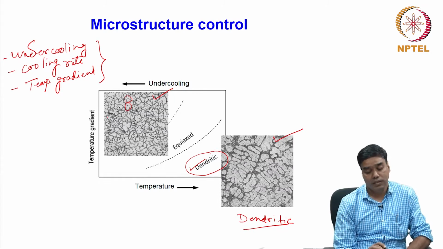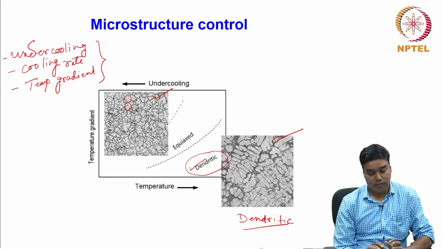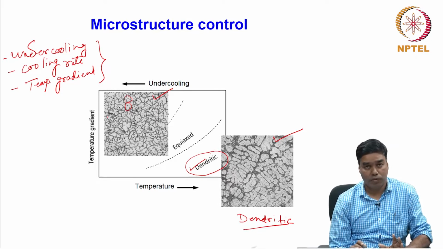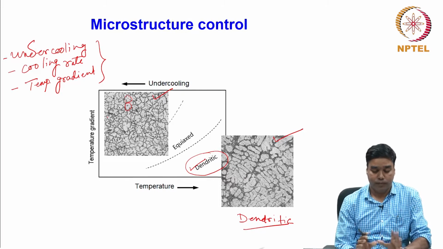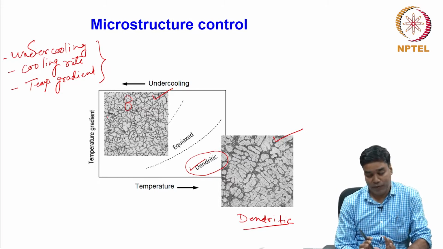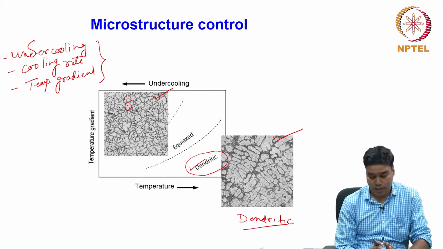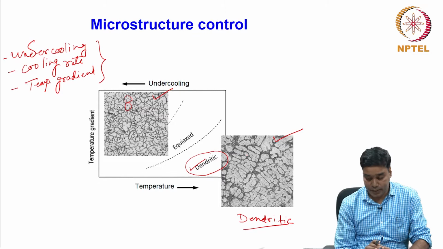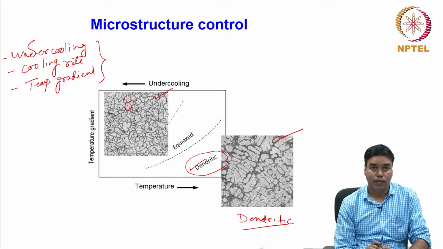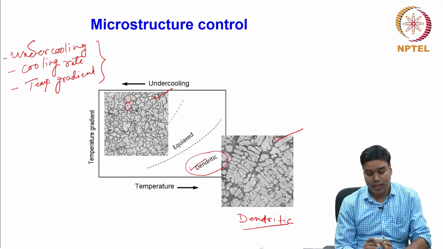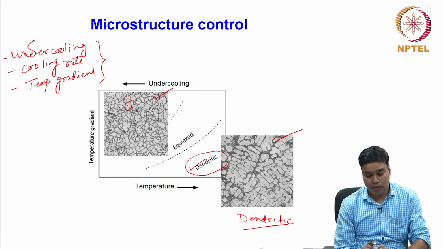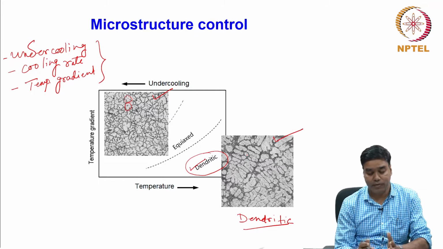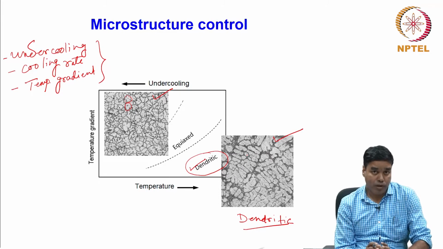These you can see that these are more or less globular in shape. Okay. And uniform in size or uniform in their growth, as opposed to the dendritic structure which grows in a particular direction. But in case of the equiaxed structure, the growth is random in all directions, and as a result these grains will grow uniformly in all directions, leading to this kind of globular morphology.